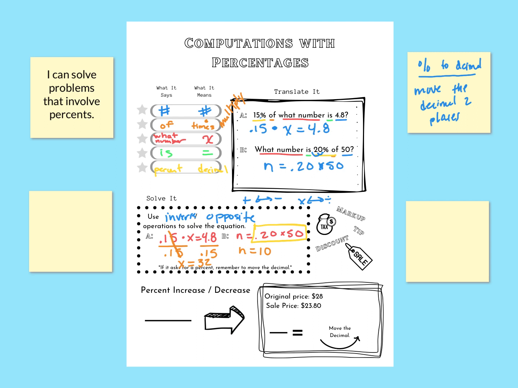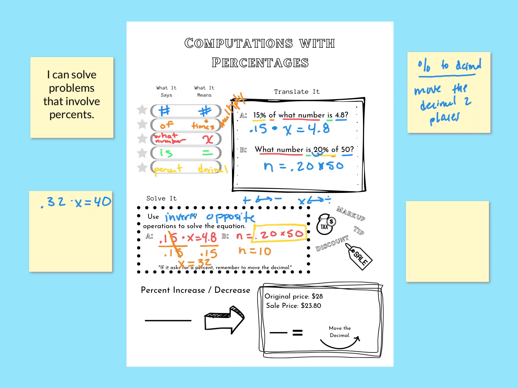And then let's look at one other example just to make sure that we are understanding how that works. So if I translated and we ended up with 0.32 times x equals 40. I'm multiplying x and 0.32.